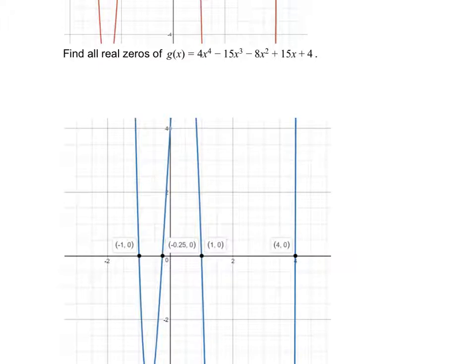So we start with the factors of P. P is 4. The only factors of 4 are 1, so plus or minus 1, 2, so plus or minus 2, and 4, so plus or minus 4.